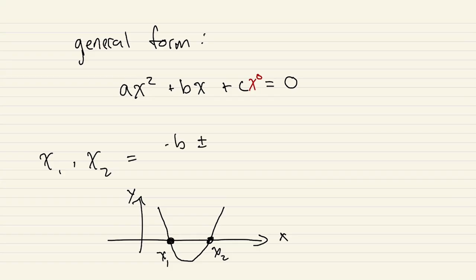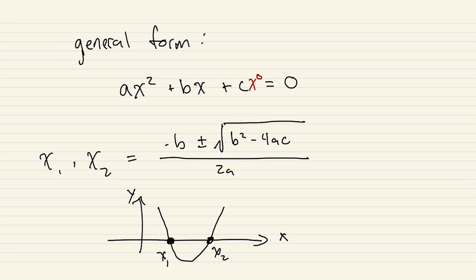So that's where we get the two solutions from. You have one solution that's plus the next term, and one solution that's minus the next term. So that's the square root of b squared minus 4ac, all of that divided by 2a. So x1 could be related to the plus square root term, and x2 would be the minus square root term.